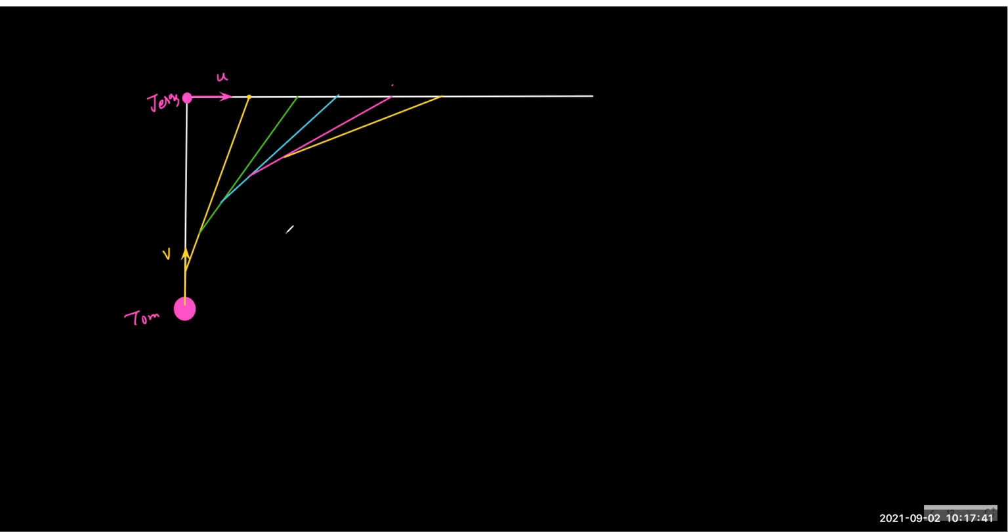So the direction of the velocity of Tom is always along the line joining Tom to Jerry. If Tom is here, I can say for sure Jerry must be here, because Tom is always aiming towards Jerry. So this is Tom, and the velocity of Tom in this particular situation must be like this.